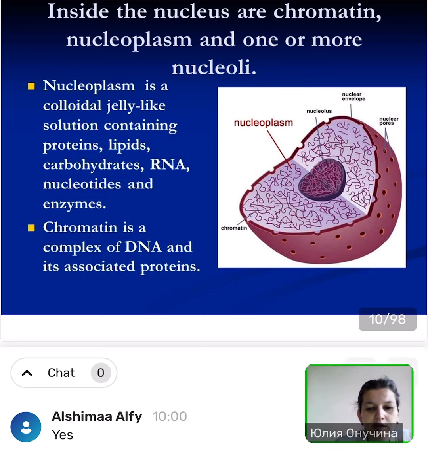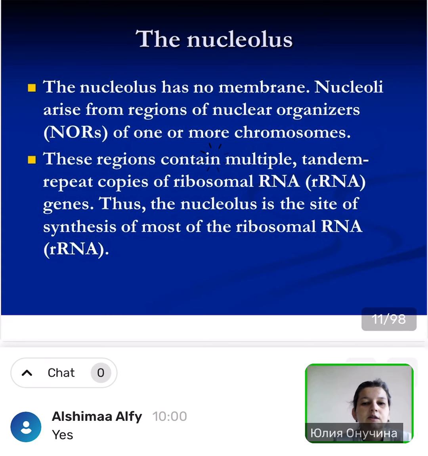You see the nucleolus in the center. This is not a membrane-bound structure. It is a complex of DNA of chromosomes that are located near each other.